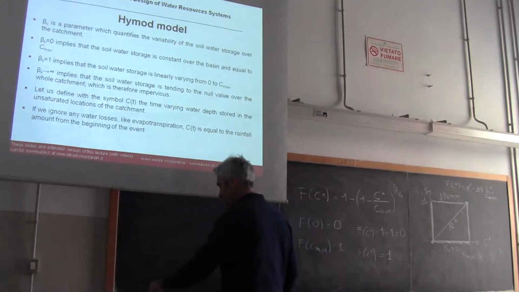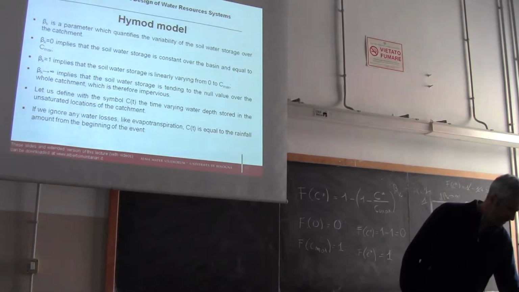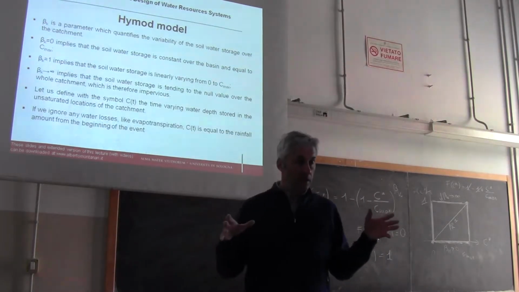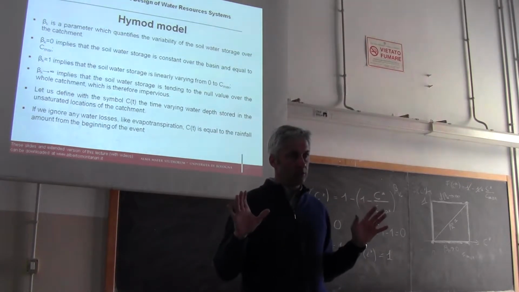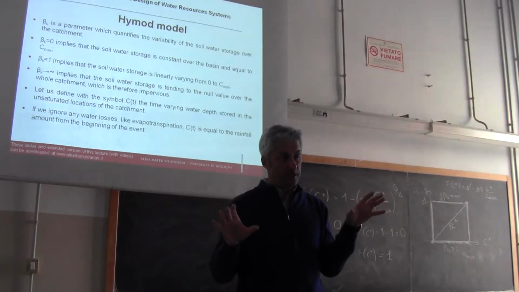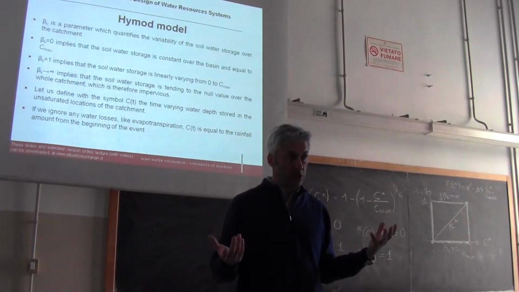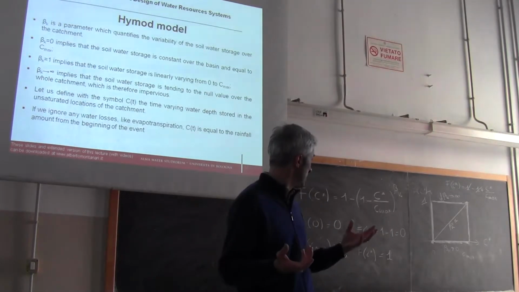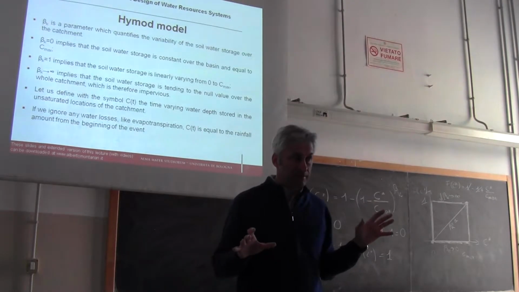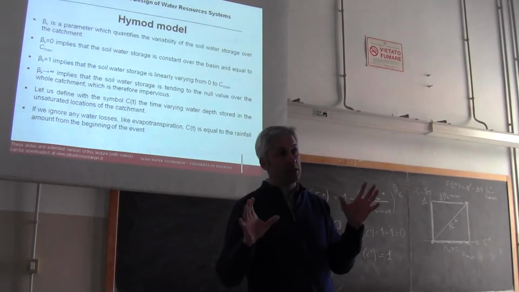So as you see, I think this is indeed a very nice idea, because by varying beta k and C max, we can take into account spatial variability of storage in the catchment, which means spatial variability of surface runoff formation, without locating the areas where the catchment is characterized by a certain storage.